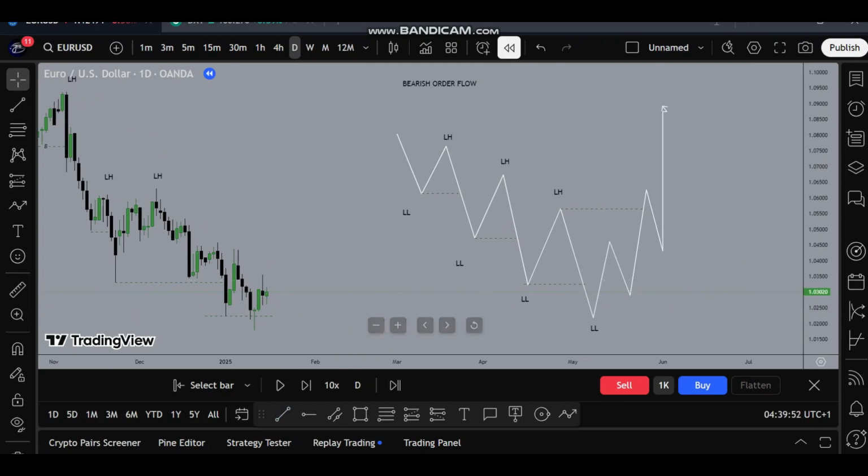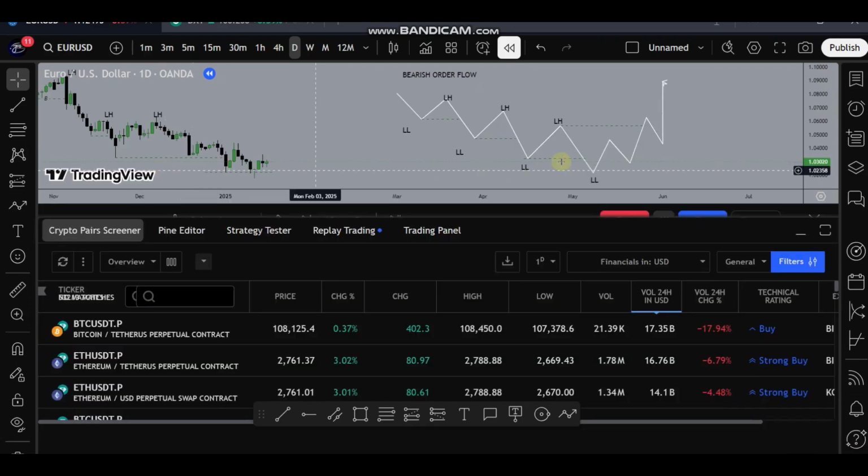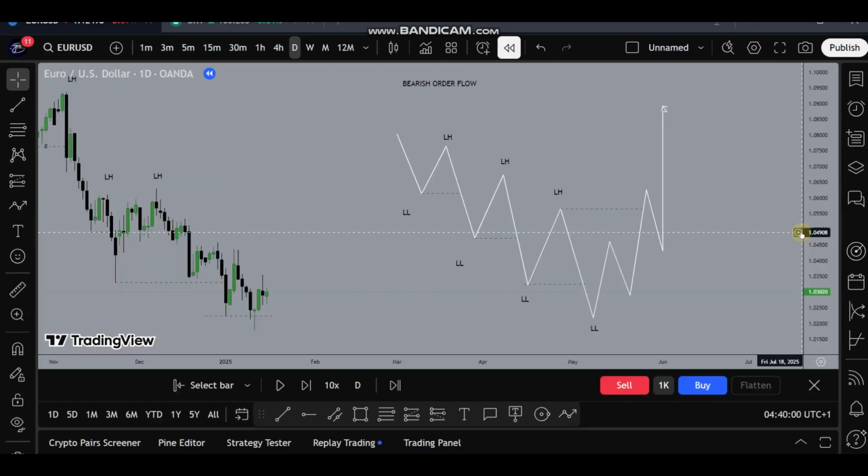You can see price did not close below this low. So here is still my lower high. So until price closes above this guy, I'll have a change of character.